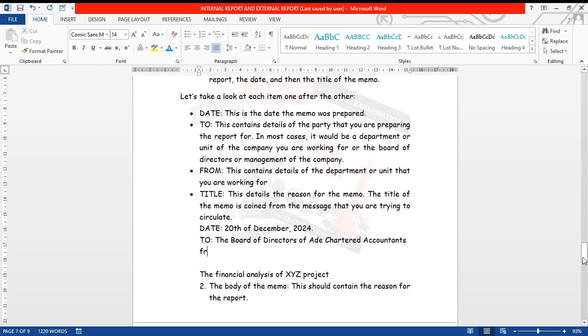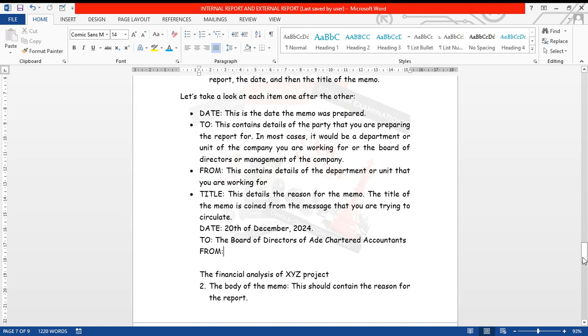So we have from, let's say you are reporting from, okay, let's create a scenario now. The examiner tells you that you are to prepare a report. You are working in a chartered accountant firm, in the department of project and management. There is a project that the company wants to embark on, but they want the project and management department to analyze the project, assess it, look at the viability, and look at whether they should invest or not.